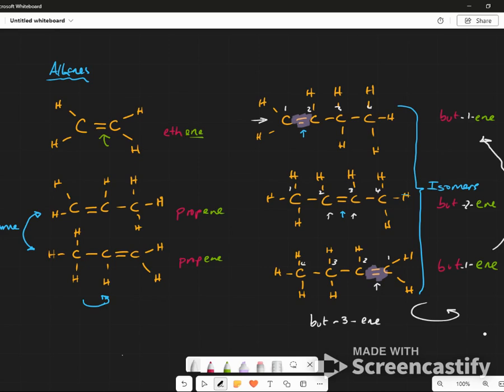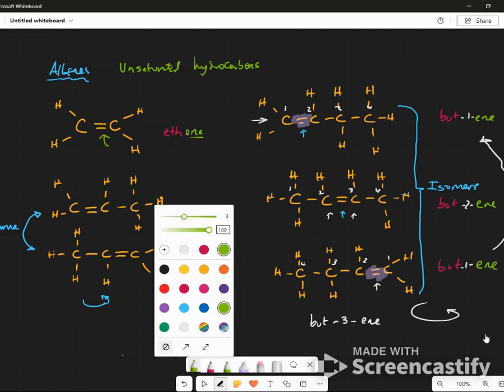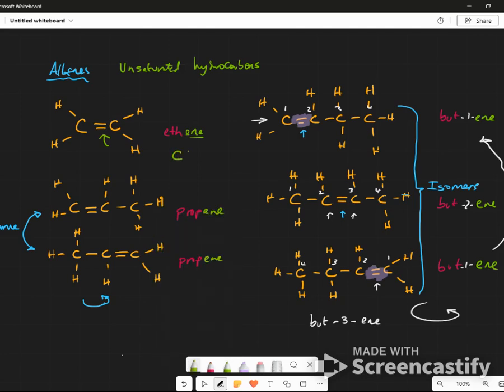All right, good stuff. Now alkenes, as we've said before, because they contain a double bond, are known as unsaturated hydrocarbons. Now, what's the formula for all of these? This one is C2H4. Propene is C3H6.